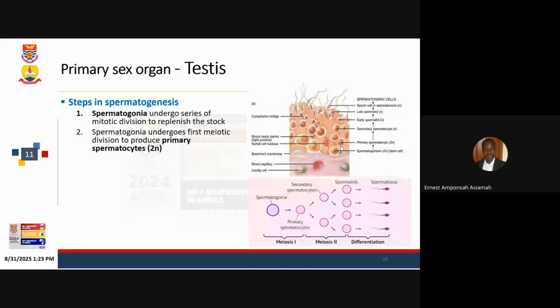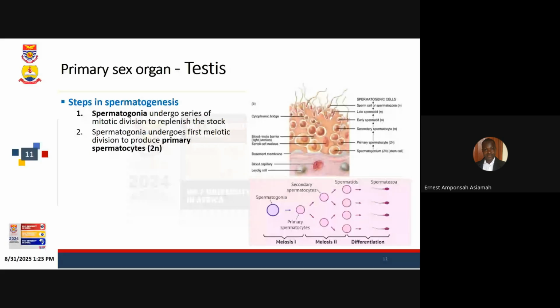The spermatogonia then undergoes meiosis one to produce what we call primary spermatocytes. We know that meiosis usually will end up with halving the diploid, the genetic constituent. If the parent cell is 2n, meiosis 1 is the same as mitosis, so you have the same genetic constituent, which is a diploid.